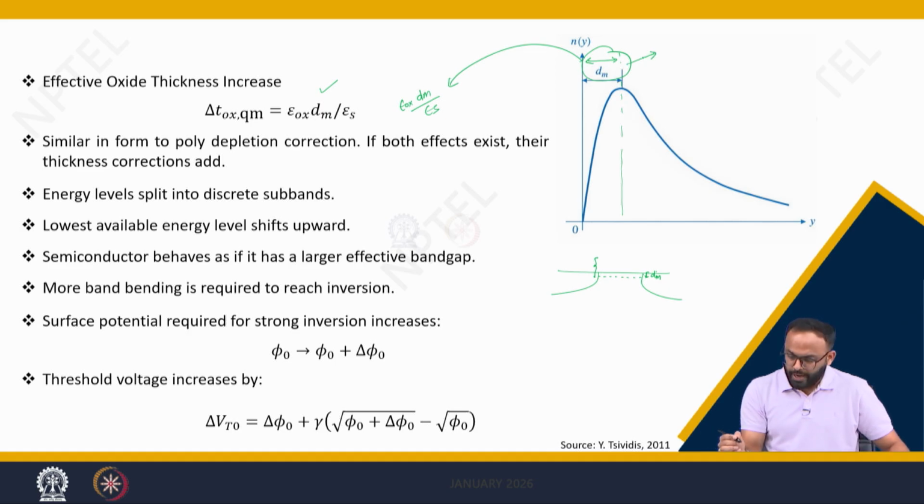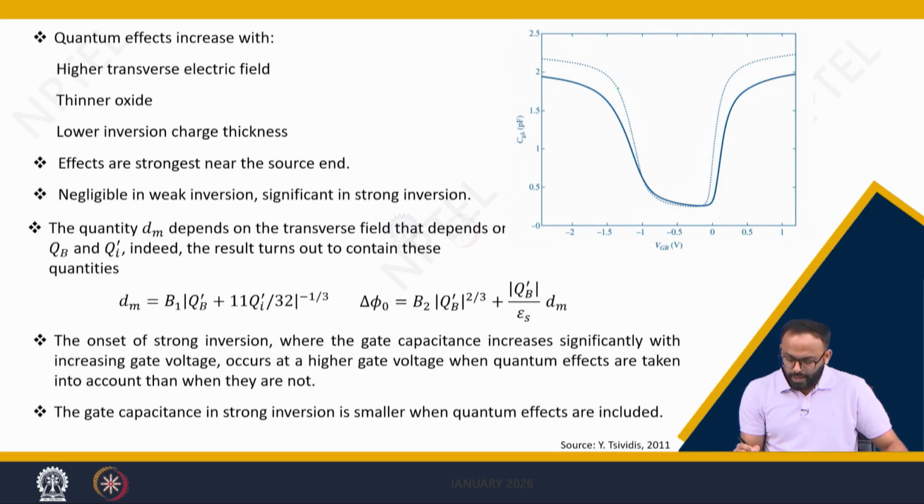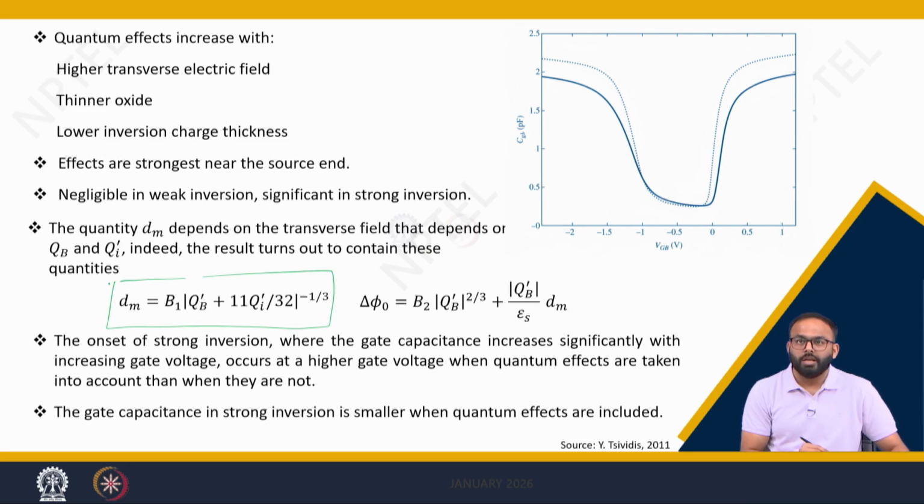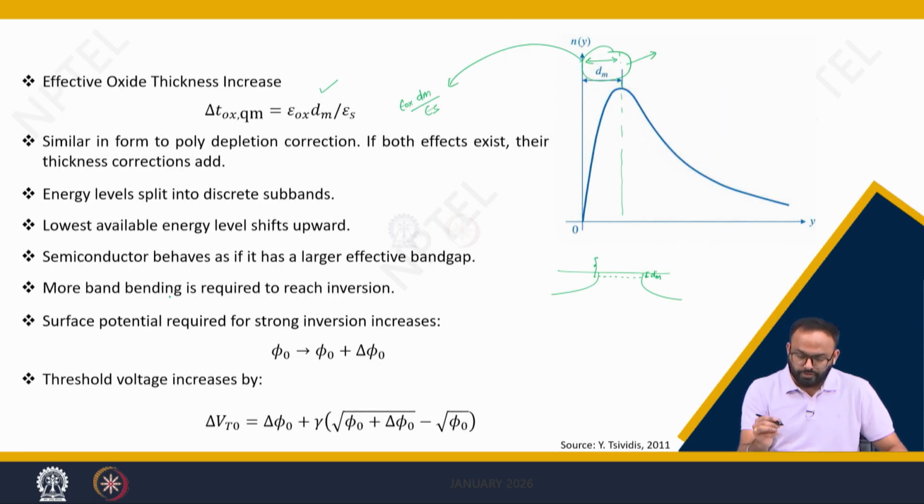If you wish to find dm, then using quantum mechanical approximations, we can calculate dm, which is a function of bulk charge as well as inversion charge. Here these factors are fitting parameters like B1, and these are constants, 11 by 32 and minus 1 by 3. So, by doing this, you can calculate the effective change in the capacitance and incorporate it in our model to preserve the credibility of the model we have derived for long channel devices.